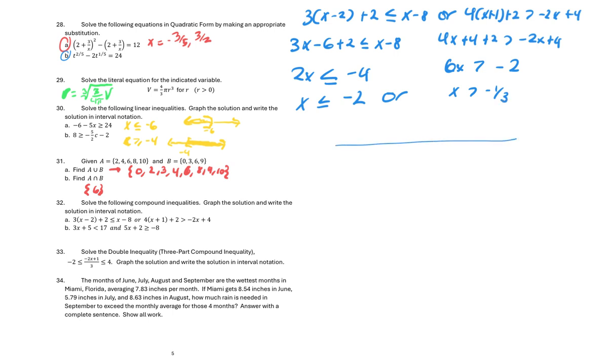And then to graph it on the number line, dealing with OR functions, we have negative 2 here, negative 1/3, bracket, parenthesis. So we are less than or greater than. So that'd be the graph of it, and then interval notation: go from negative infinity to negative 2 inclusive, union negative 1/3 to positive infinity.